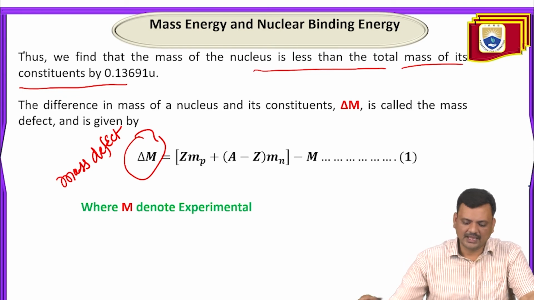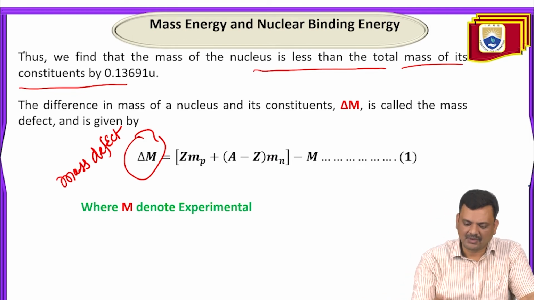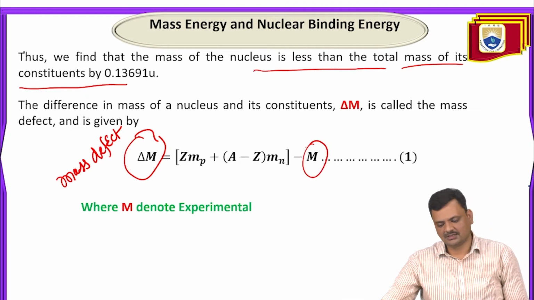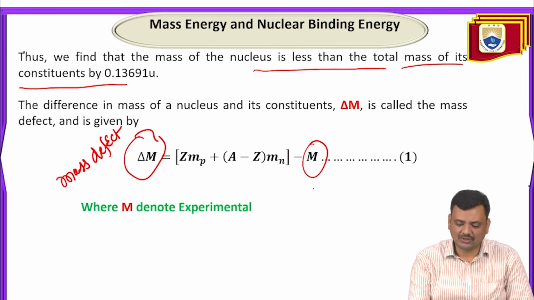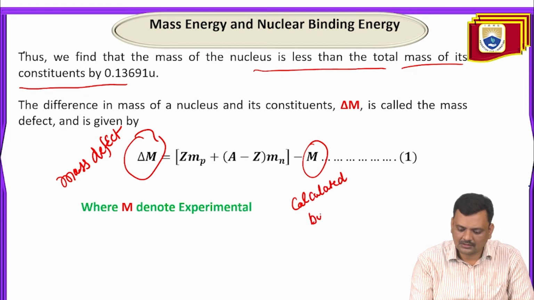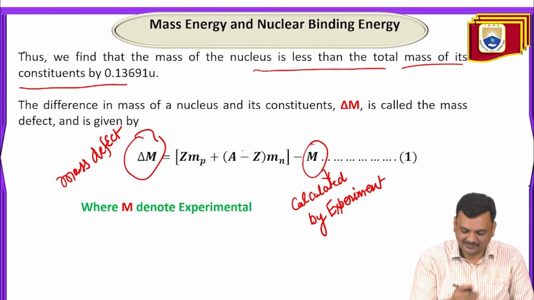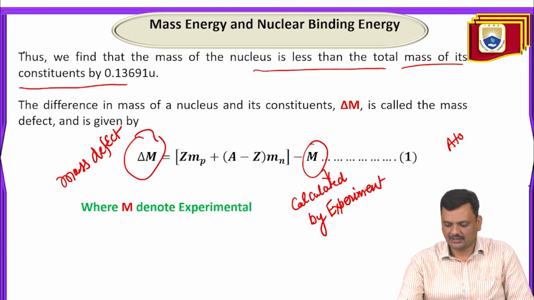Plus (A minus Z) Mn, meaning the mass of neutrons, minus M, which is the experimental mass, calculated by experiment. Here A minus Z, where A is the atomic weight.